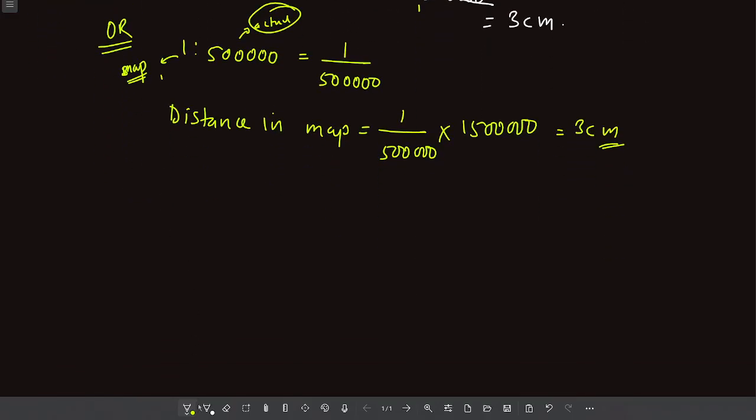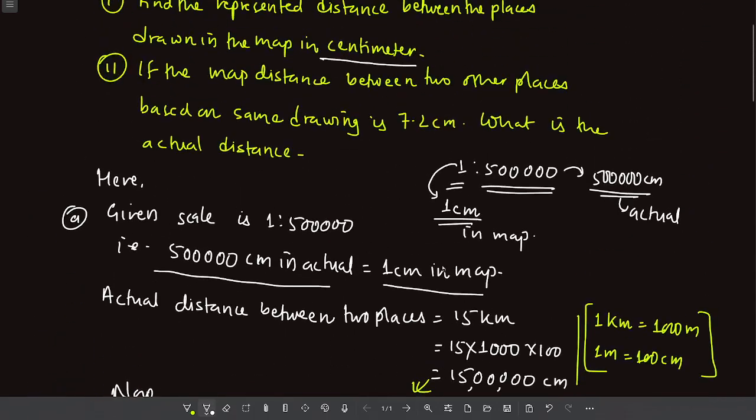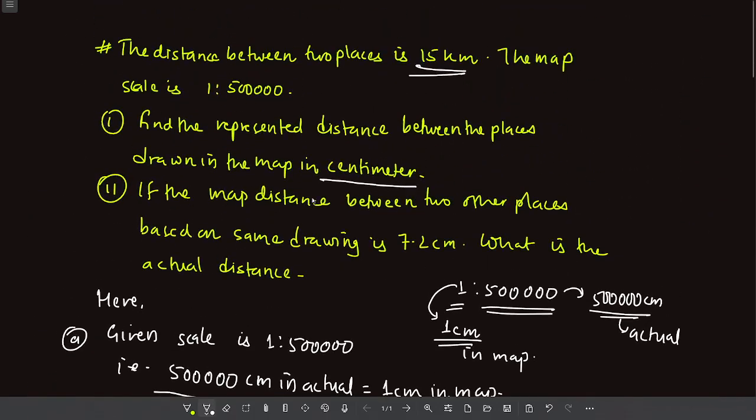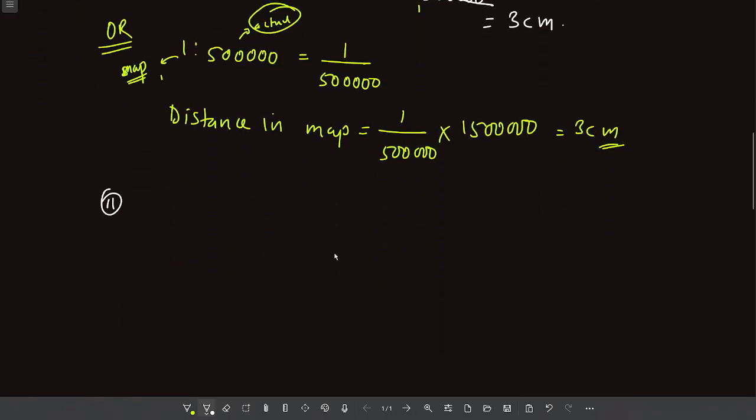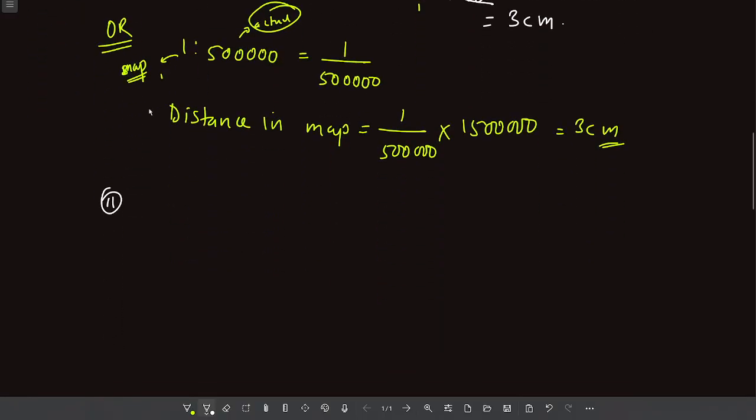Now the second question has told us that if the map distance between two other places based on the same drawing is 7.2 centimeter, it is map distance. So map distance is equal to 7.2 centimeter.